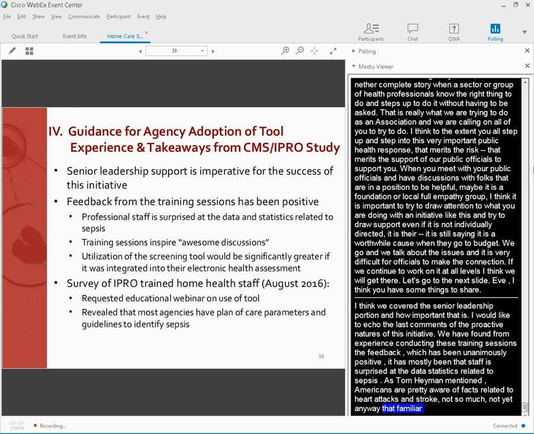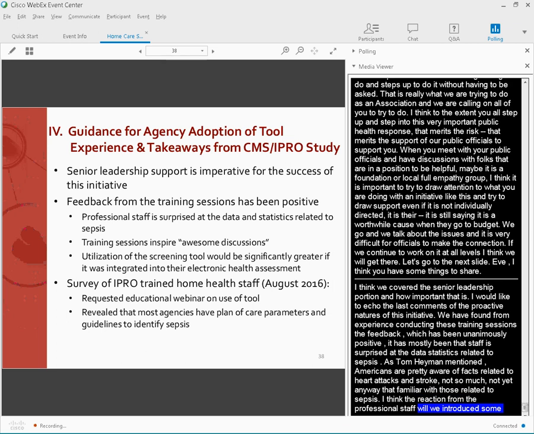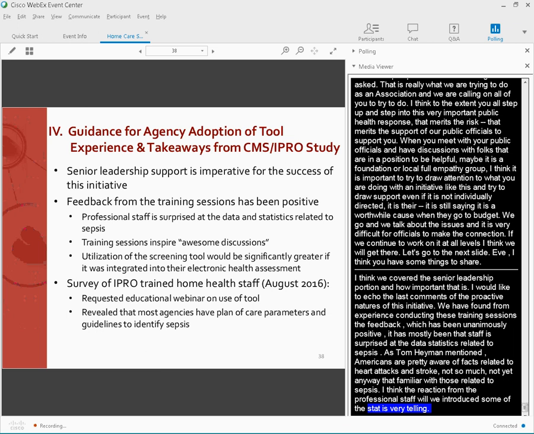So I think the reaction from the professional staff when we introduce some of these stats is really very telling. And it's also an indication that this proactive approach that we're having with the tool is going to be well accepted.